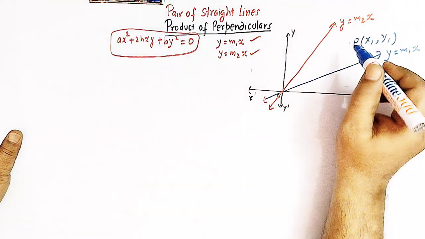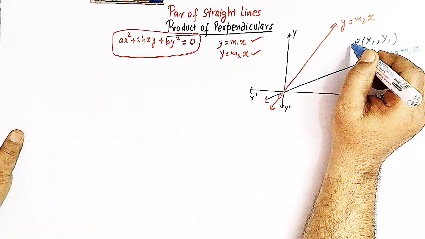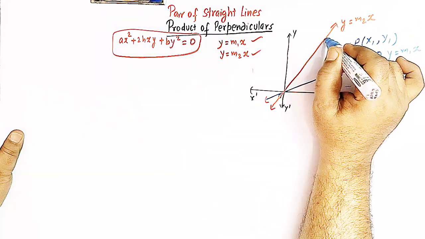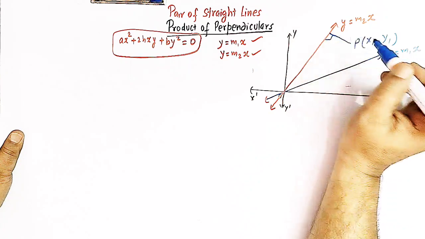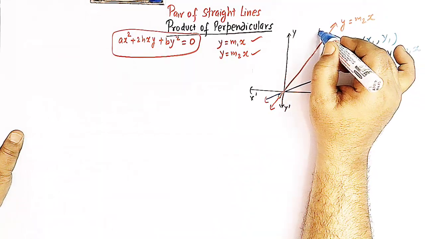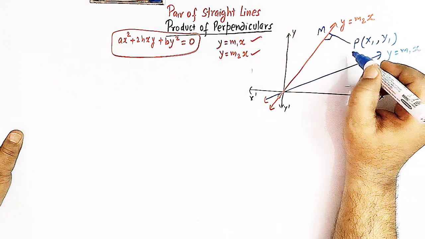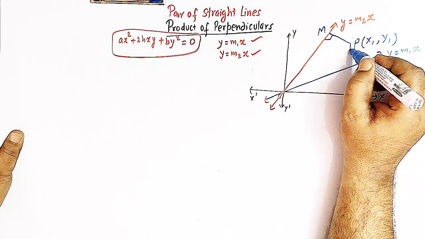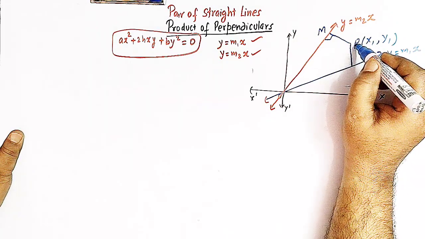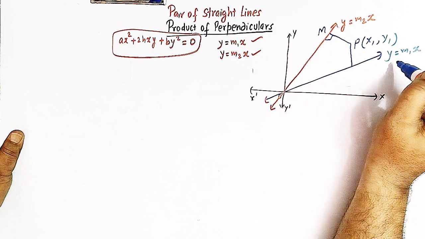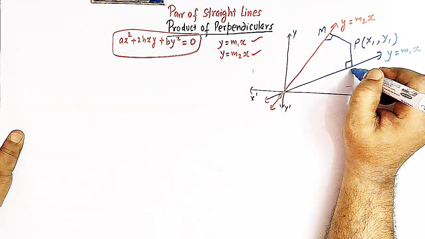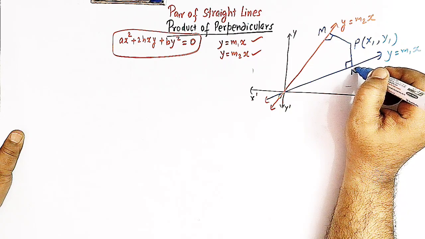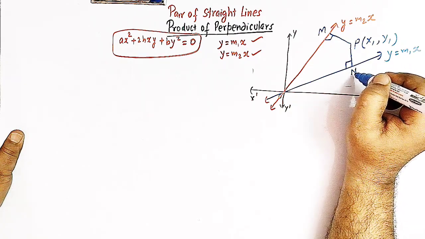So let us draw the perpendicular from this point P to this line, and suppose the perpendicular is like this. Let us take this point as M, and let us draw a perpendicular from this point P to this line, that is y is equal to m1x, and let us consider the foot of the perpendicular as N.